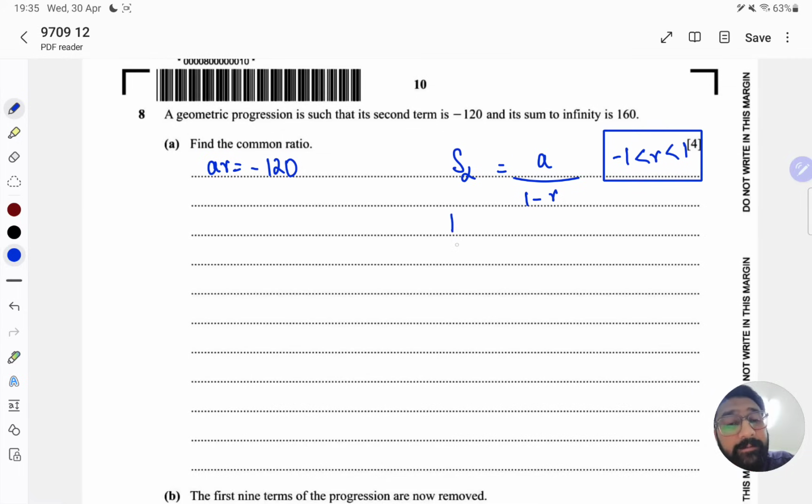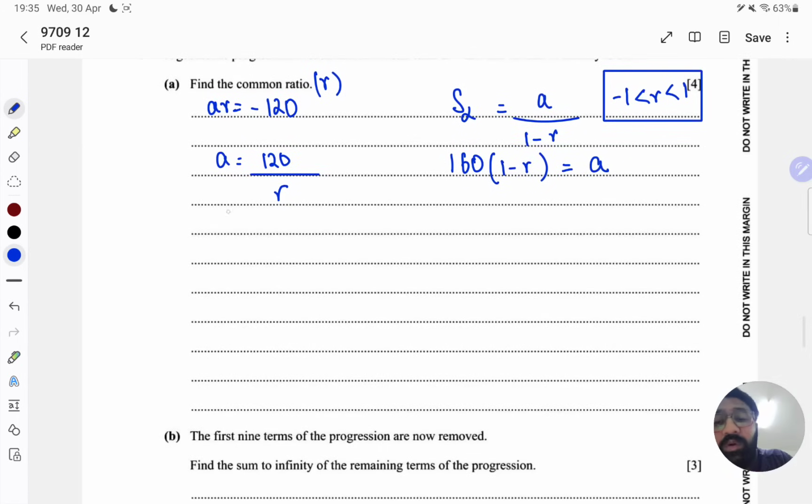He says that we need to find the common ratio, which means we need to find R. So 160 into 1 minus R is equal to A, and similarly A is equal to minus 120 divided by R. Since both have the same A value, let's equate them, which will be 160 minus 160 R is equal to minus 120 divided by R.